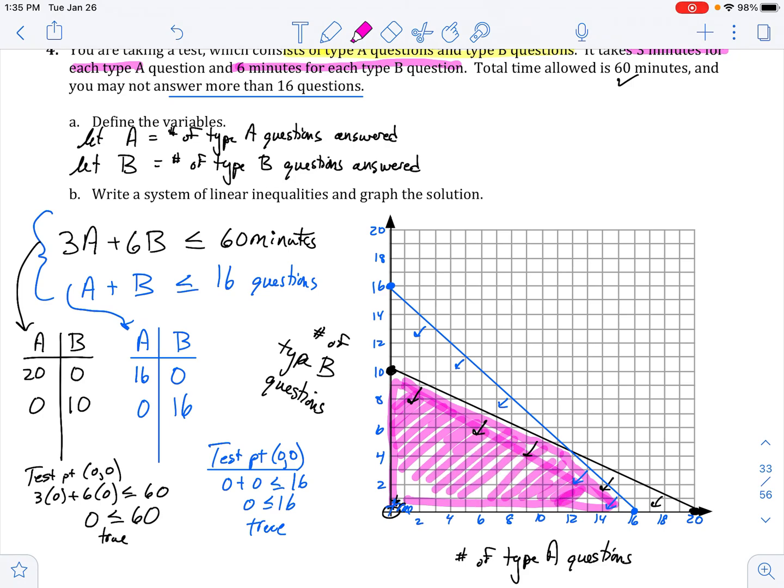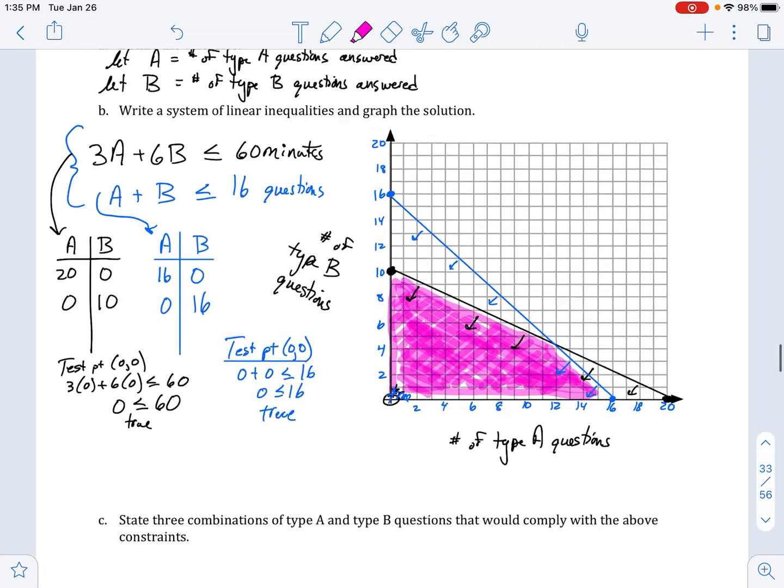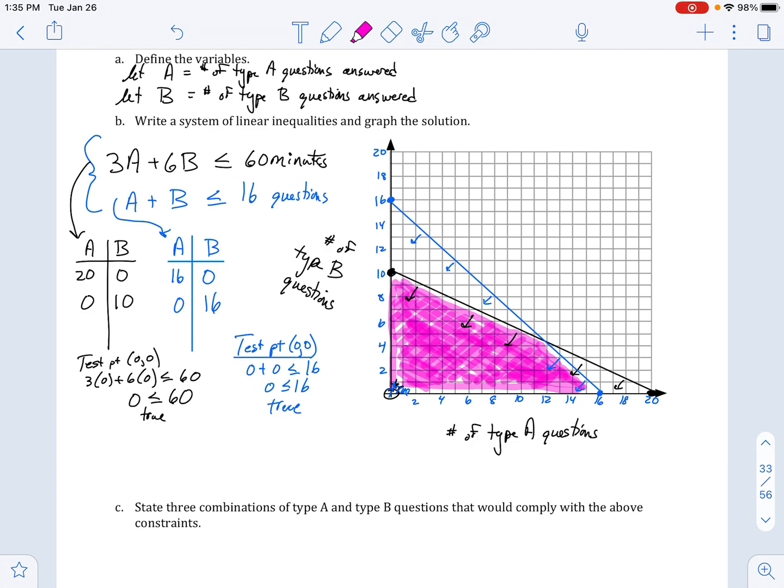And again, there are a number of solutions in here. We just want to darken it and make sure that it is obvious that we're talking about all these ordered pairs inside this region. All right. There we did. We solved the system by graphing it.